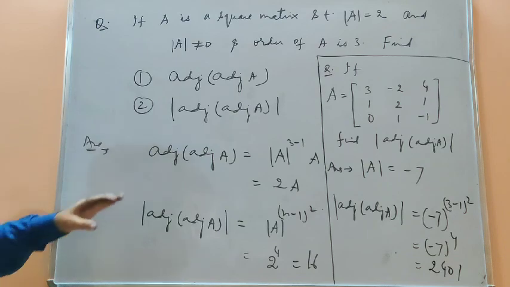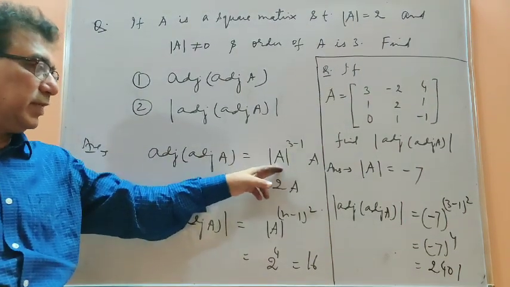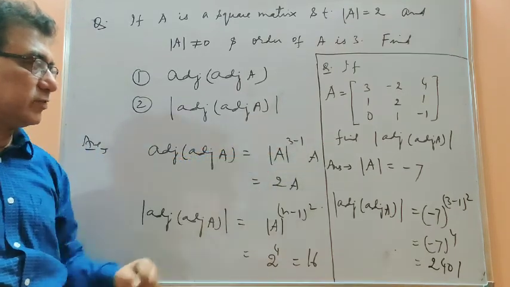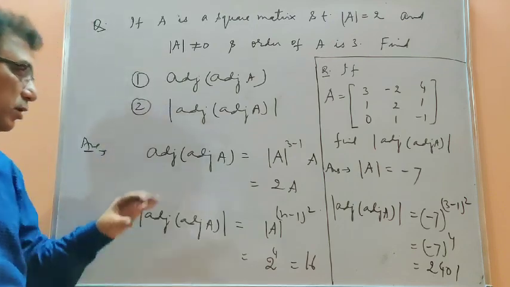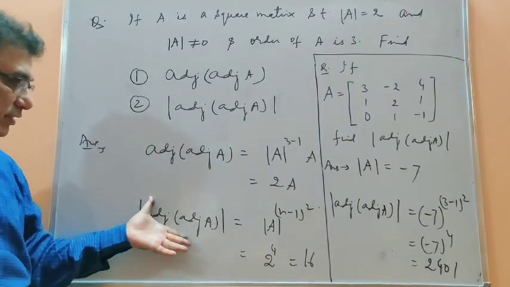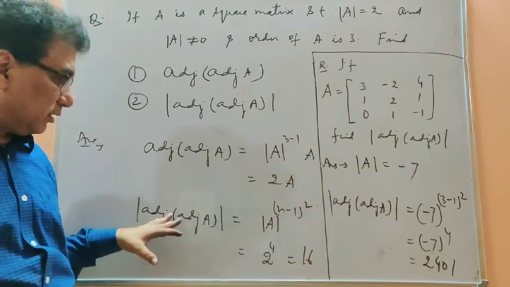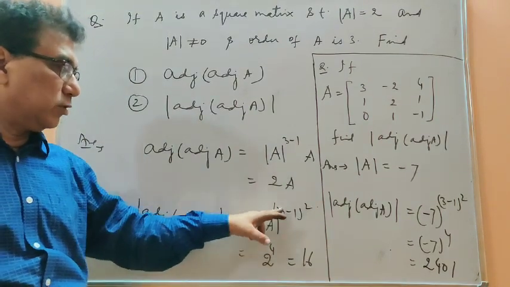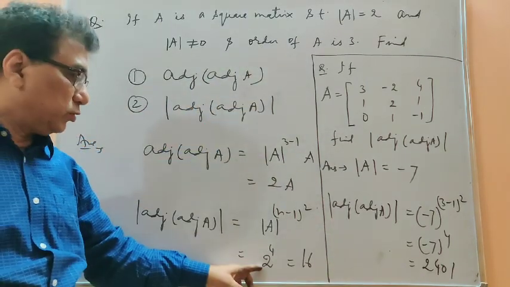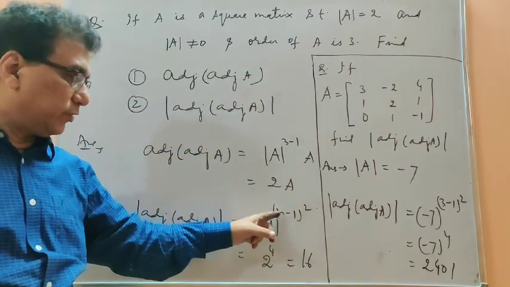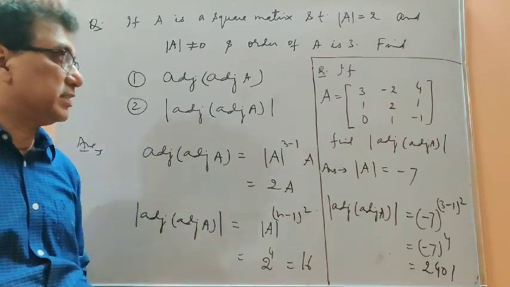So by the previous result, adjoint of adjoint A will be determinant A to the power n minus 1, n stands for 3, so it will be 3 minus 1, so that will be 2A, because this is a matrix. Now when we go for its determinant, then we have to apply the last result. It says that determinant of this matrix will be determinant A to the power n minus 1 whole square. Now determinant A is given as 2, and n stands for 3, so 3 minus 1, 2 whole square is 4, so the value is 16.